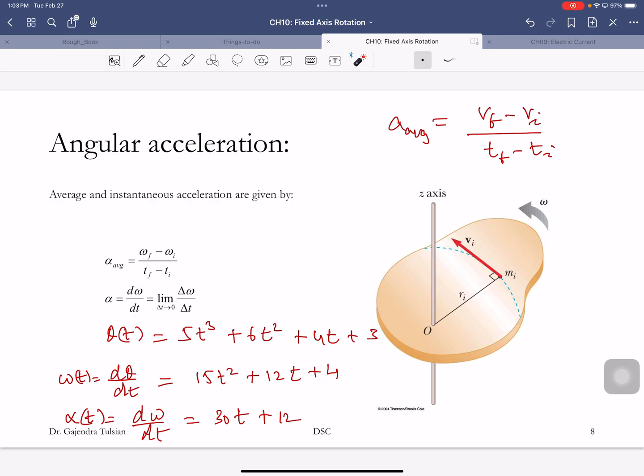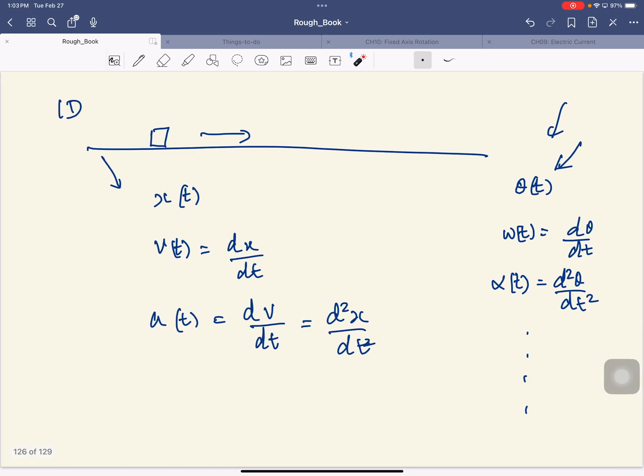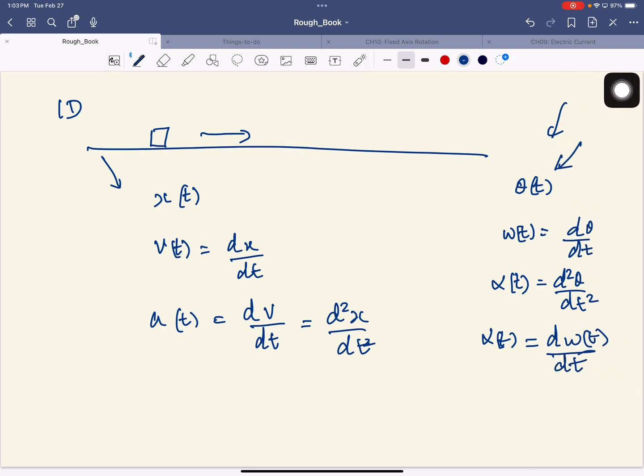So alpha of t, which is d omega by dt, is the parallel of this: acceleration as a function of time is dv by dt.